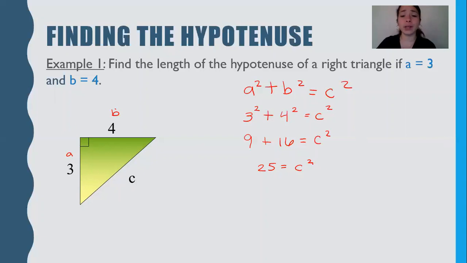So here we have squared. The opposite of squared is square root. That will cancel it out. But remember, whatever you do to one side of the equal sign, you must do to the other. That leaves C is equal to, and then if you plug this into the calculator or if you know that 5 times 5 is equal to 25, your answer would be 5.